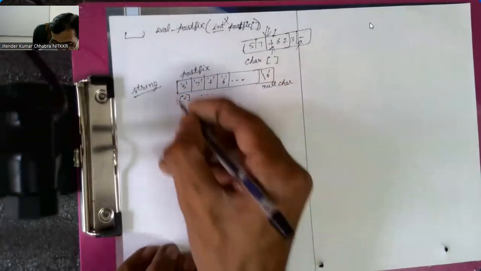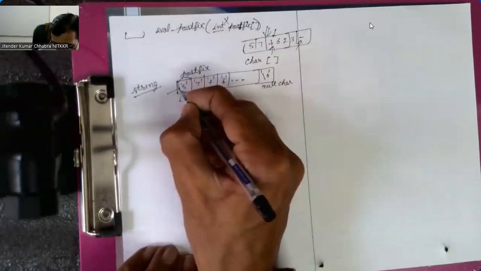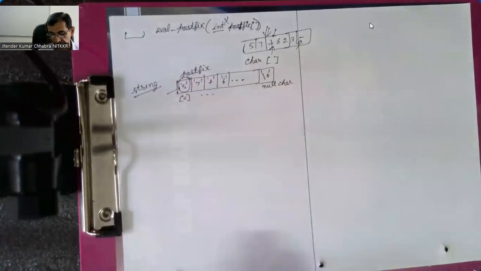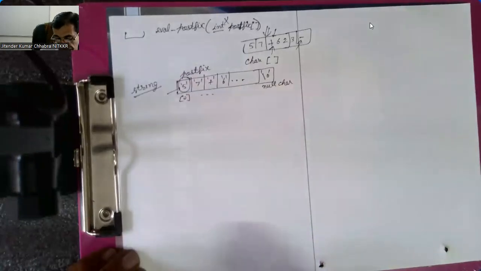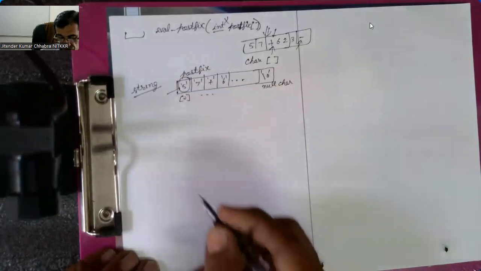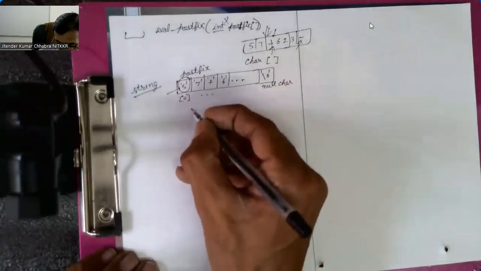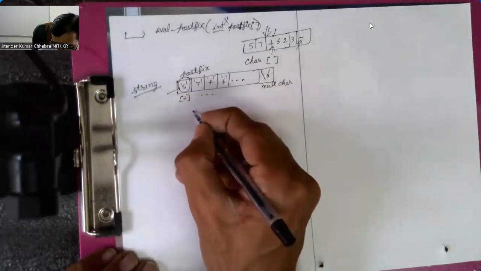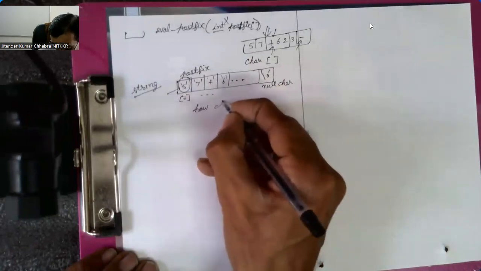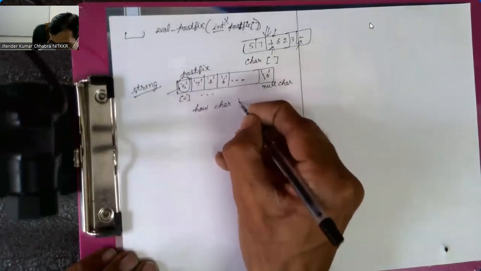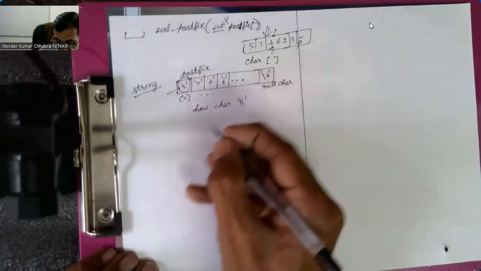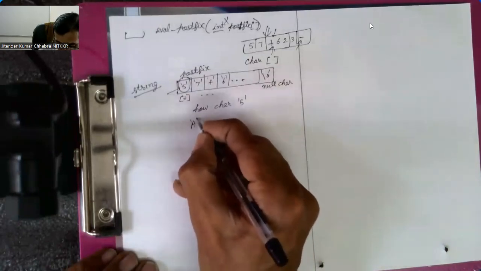But now, having said that, it means you have character 5 stored, but you have to handle it as an integer. So the question you have to understand is how characters are stored, how character 5 will be stored inside the computer.